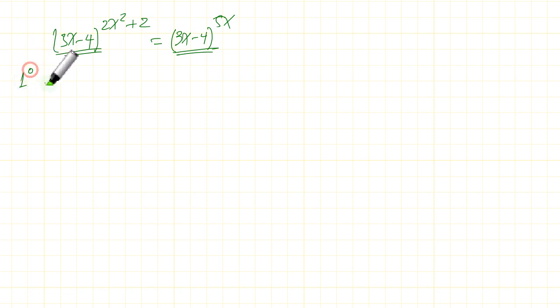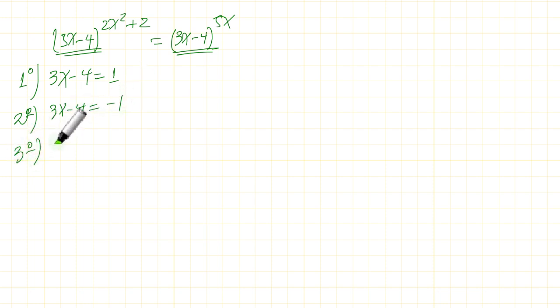First one here, guys, we're gonna analyze when 3x minus 4 is equal to 1. Okay, second one is going to be when 3x minus 4 is equal to -1. Third one is going to be when 3x minus 4 is equal to 0.